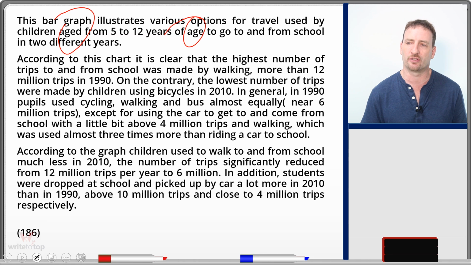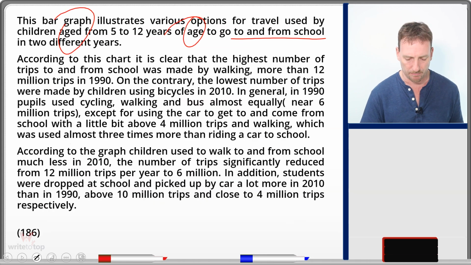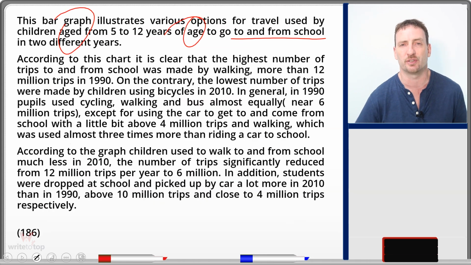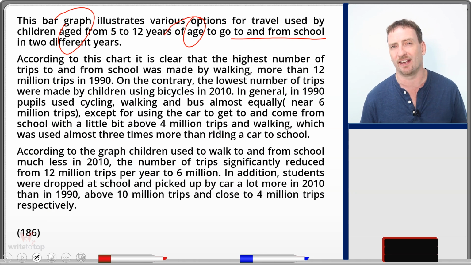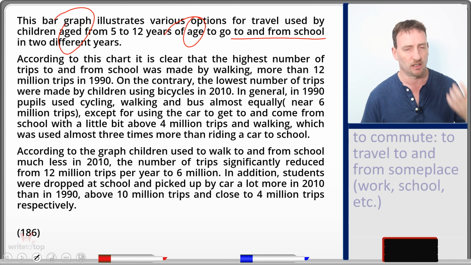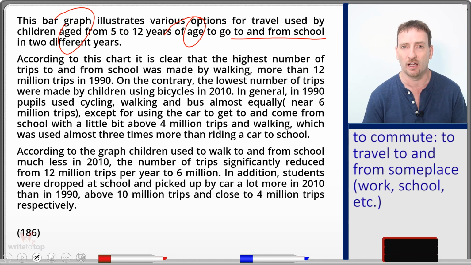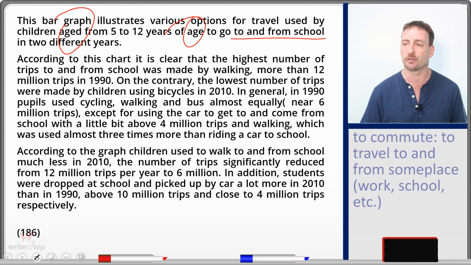To and from school in 2 different years. To and from school, this was given to you in the task. You try to use as many different words as you can. At this point, if you're taking the IELTS, by now, you should know the word commute. Commute will come up in so many different topics that it's just a good word to have in your lexical range, in your lexical resource.